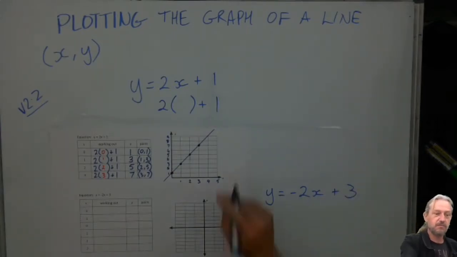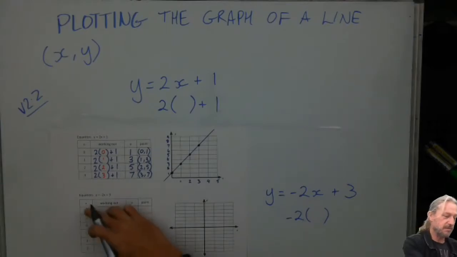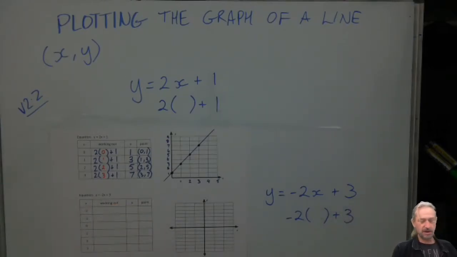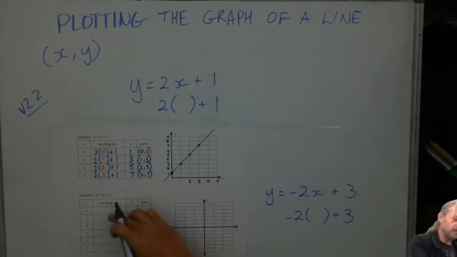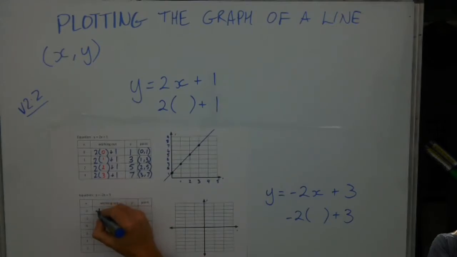I'm going to do the same sort of thing. I'm going to write it out as -2, leave some brackets to substitute our x values in, plus 3. So I'm just going to write this out this many times. Same thing in every space.